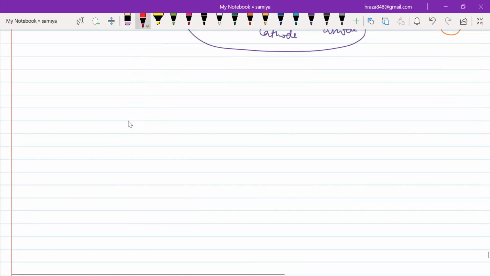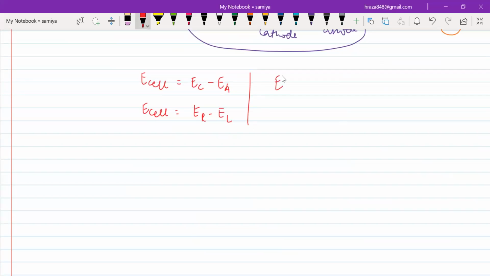Now see, we need to apply this formula. If E cell is equal to E cathode minus E anode, and E cell we can also write as E right minus E left. So we can also write E naught cell is equal to E naught cathode minus E naught anode.